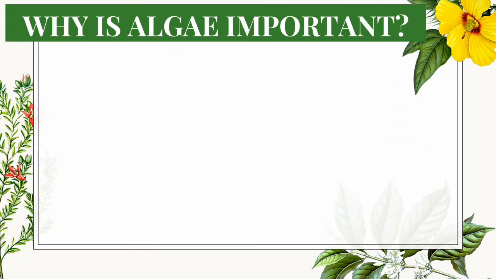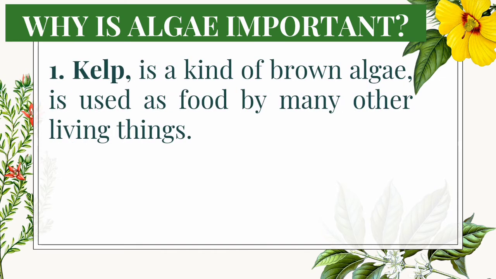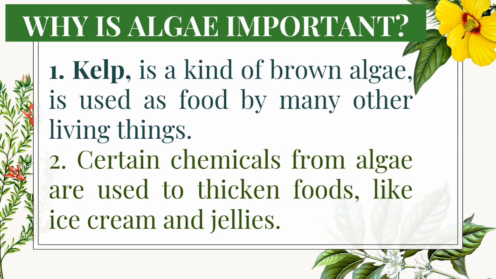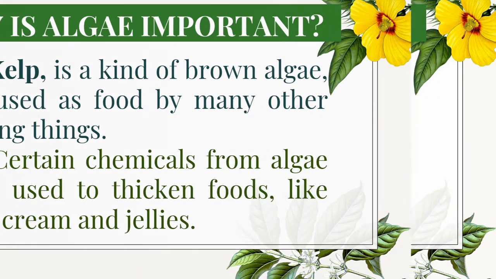So why is algae important? First, kelp, a kind of brown algae, is used as food by many other living things. Second, certain chemicals from algae are used to thicken foods like ice cream and jellies. Have you wondered if you eat ice cream and jellies? That is how important algae is.